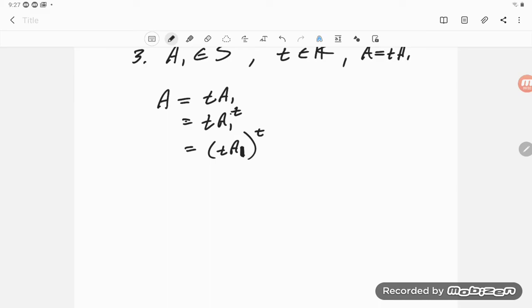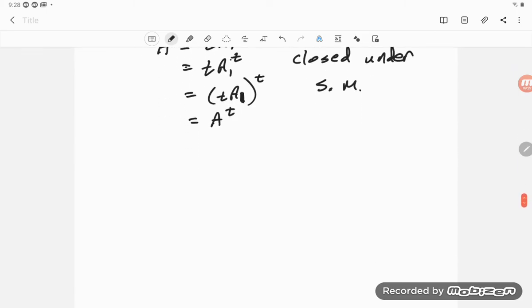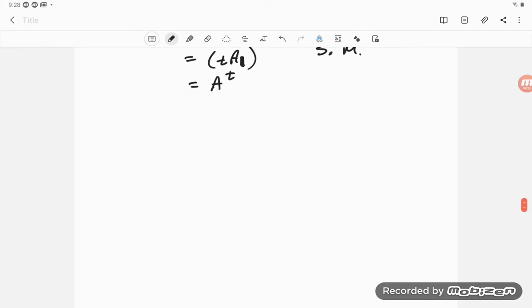Your textbook uses a t for the scalar multiple, so I'm using a t. But then that's just A transpose. So again, closed under scalar multiplication. Okay, so this is pretty related to what we're doing, but not quite what the textbook had really done so far.